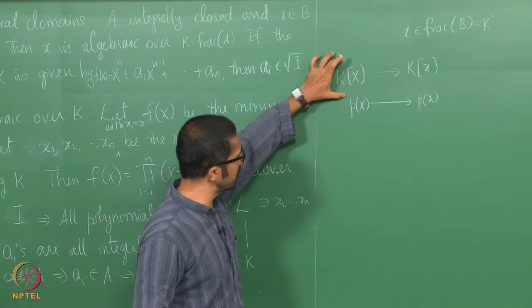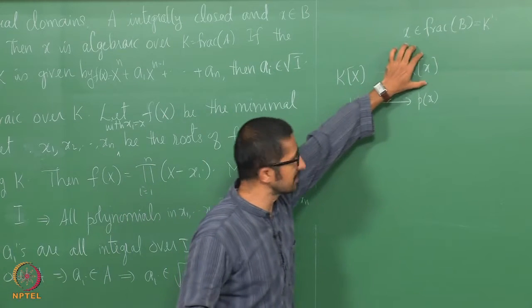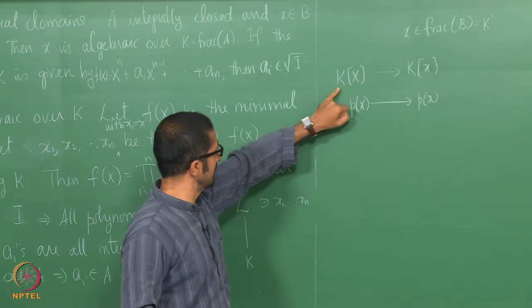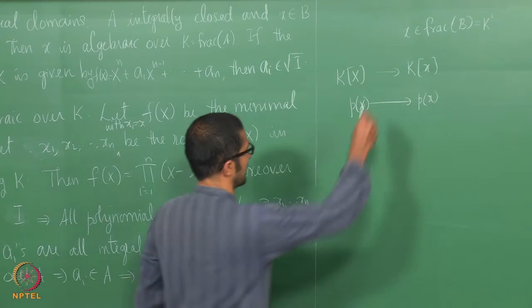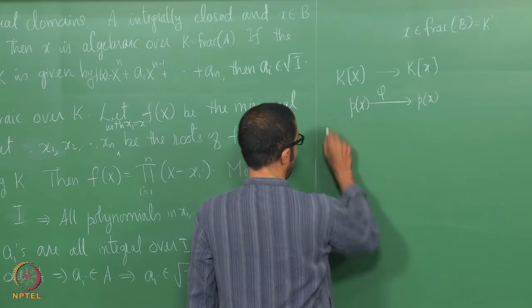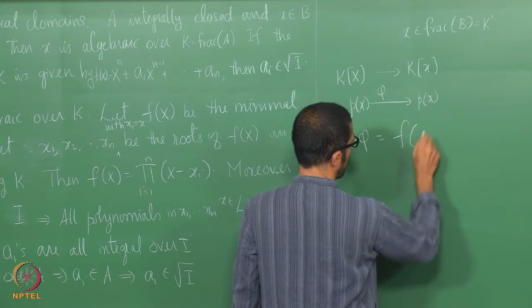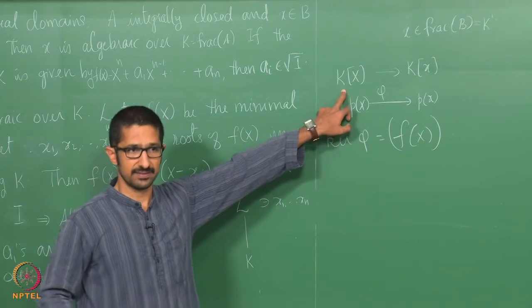So, therefore this has to be generated by a non-zero irreducible polynomial because this is a field. So, the kernel phi is generated by some polynomial f x, because this is a PID.